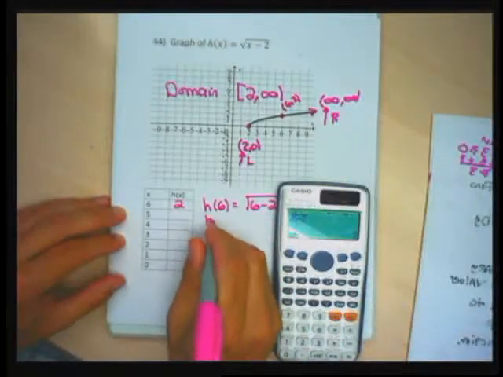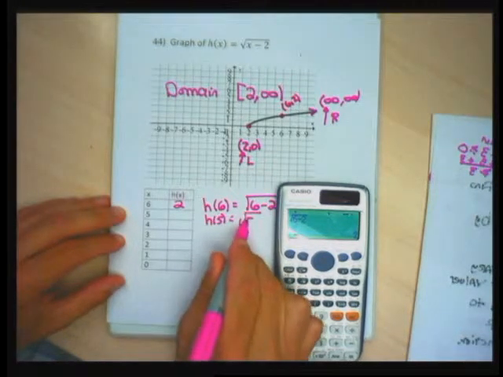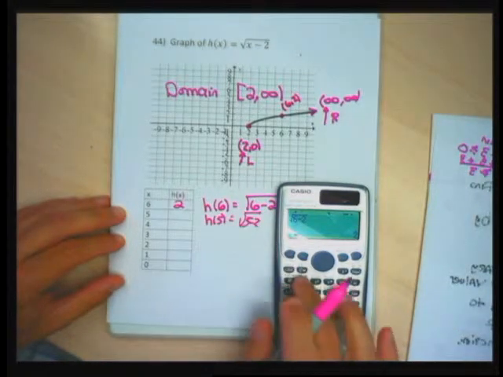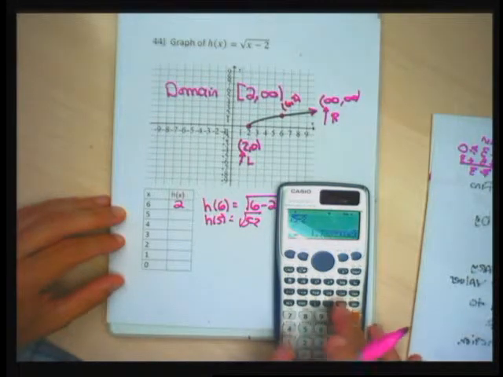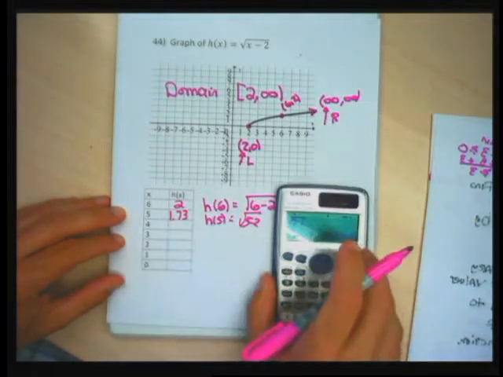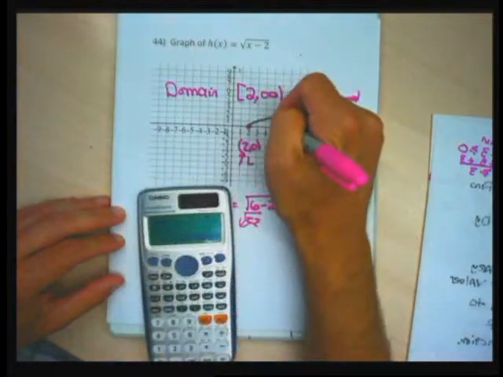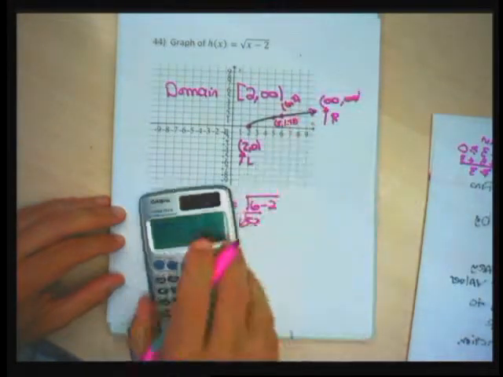When I do h of 5, I get the square root of 5 minus 2. I have to hit my SD button now. That gives me 1.73. On my graph, that's this point right here, the point 5, 1.73.